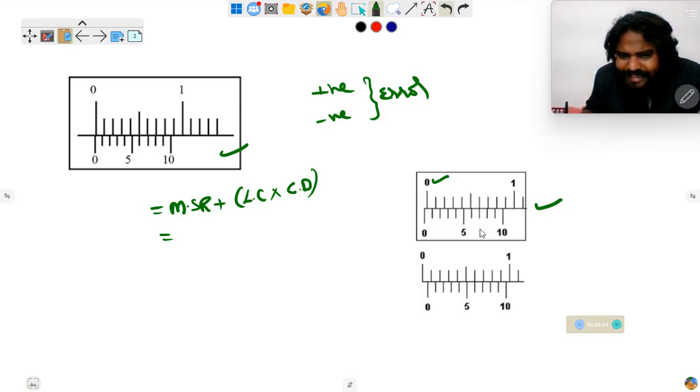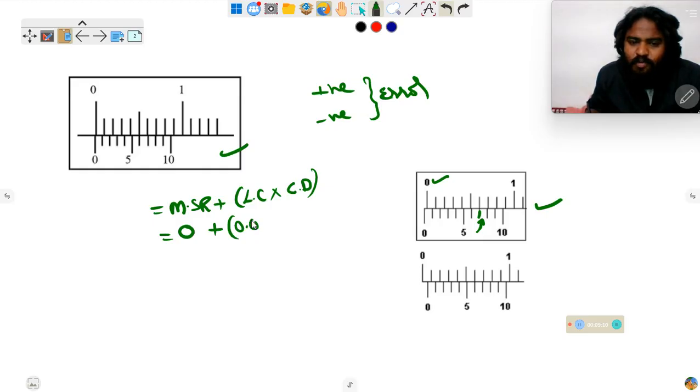So I can tell this line. What is this line? This one, 5, 6, the seventh one. The seventh one is coinciding very well. So now main scale reading is 0 plus least count is 0.01 into, and here the seventh one is coinciding.